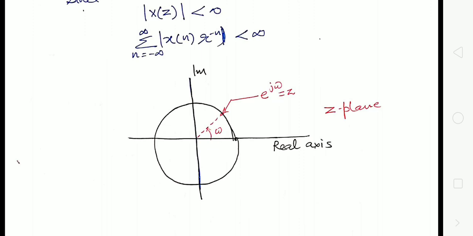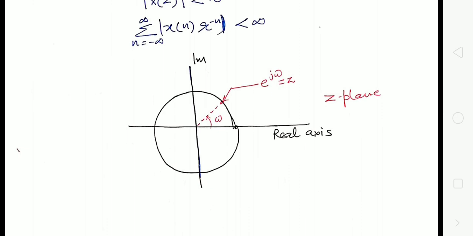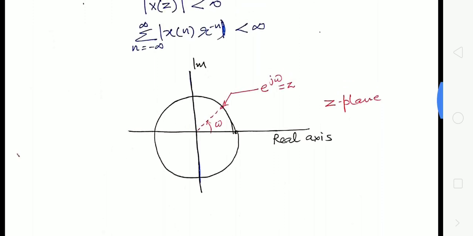So if we see from this value z is equal to r into e raised to the power j omega, we will get a circle whose radius will be r, because r is not going to change, but omega can be changed. So at any value of omega we can get any point at the radius from the origin.